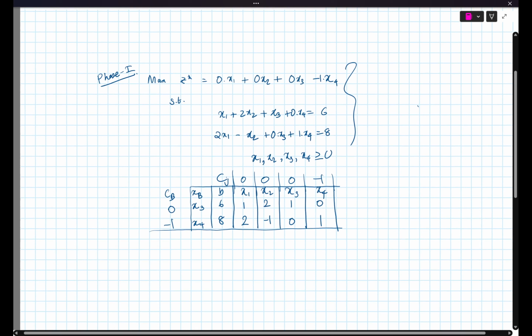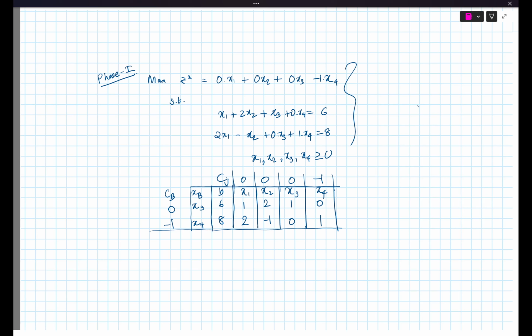So I'll do the simplex. I need to compute Zj minus Cj, right?